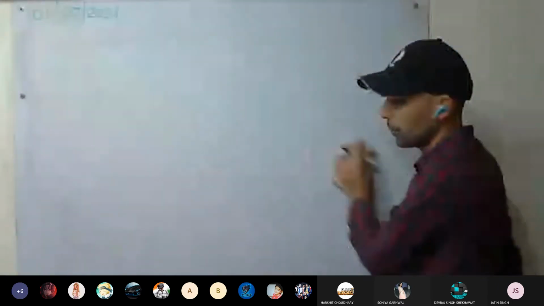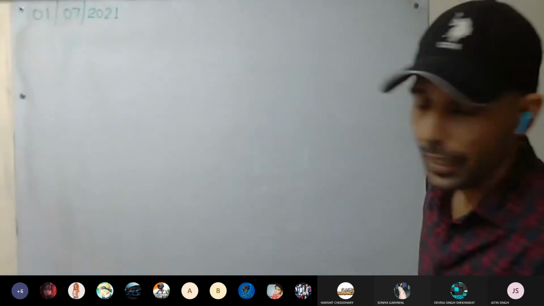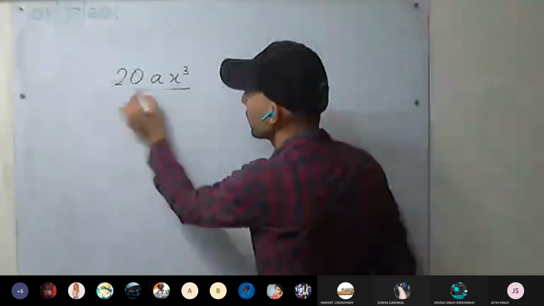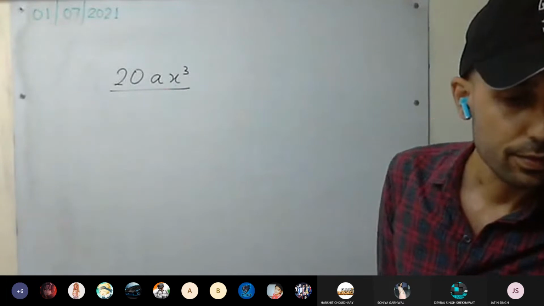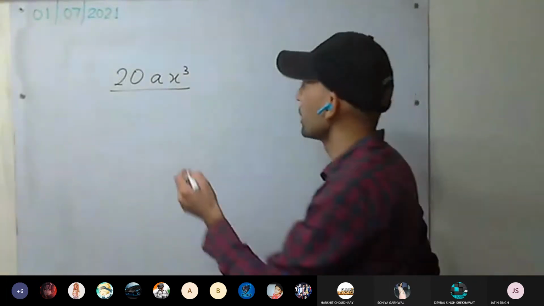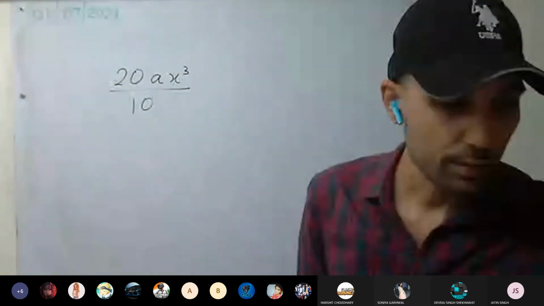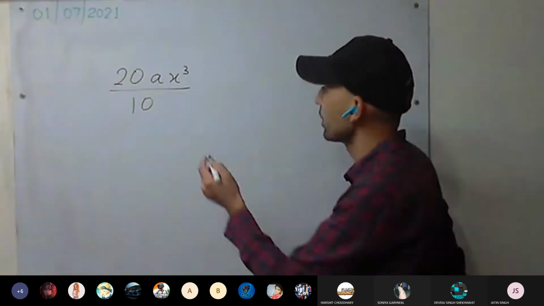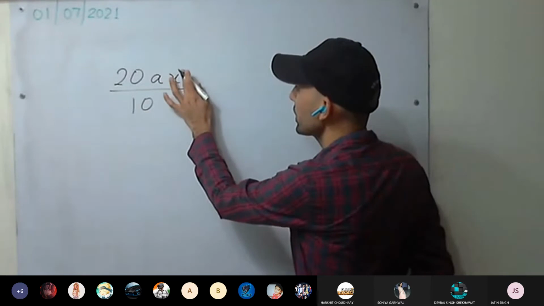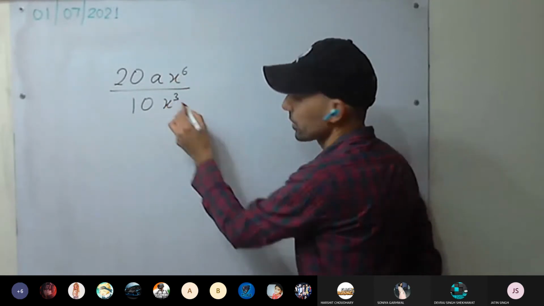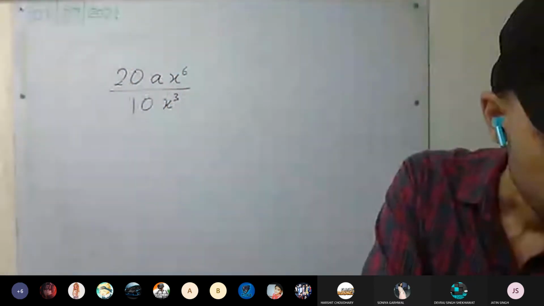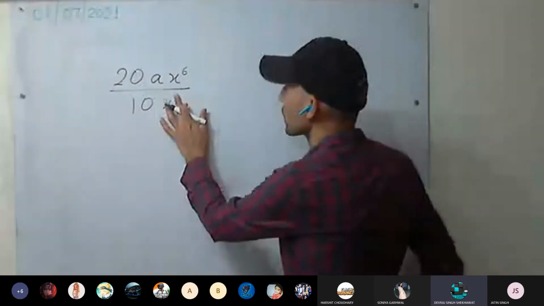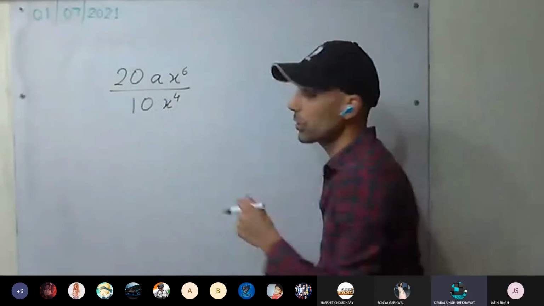These first and second questions, they are very important. 20a x cube we have divided by 10x. 20 a raised to power 6, 10x raised to power 4. Okay. So this is our question.